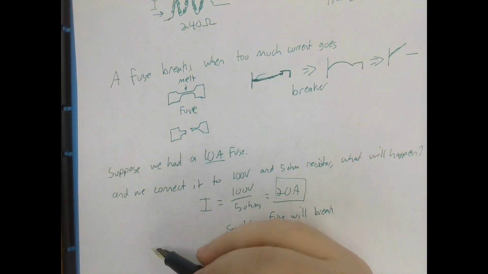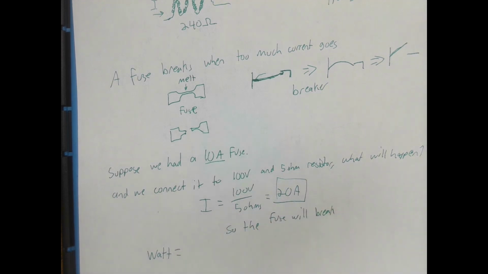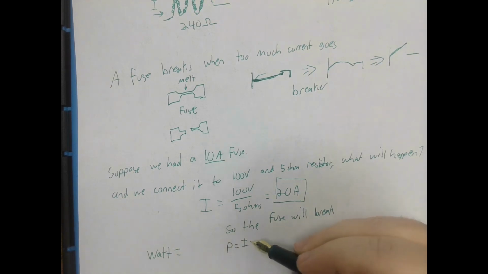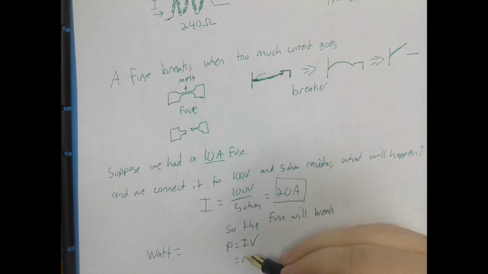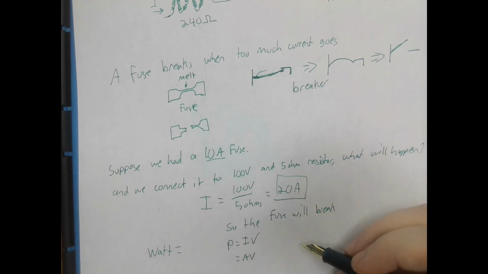What's the equivalent of a watt? What units is a watt equal to? Let's look up the equation. Power is current times voltage, so amps times volts.